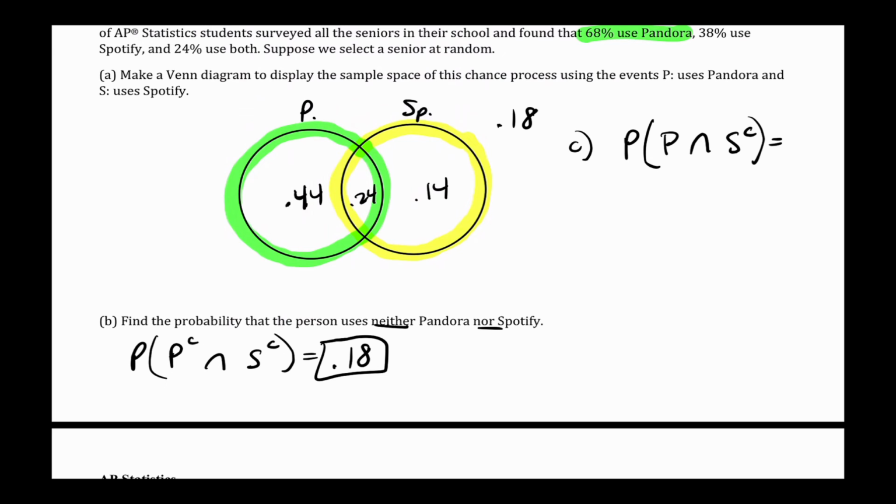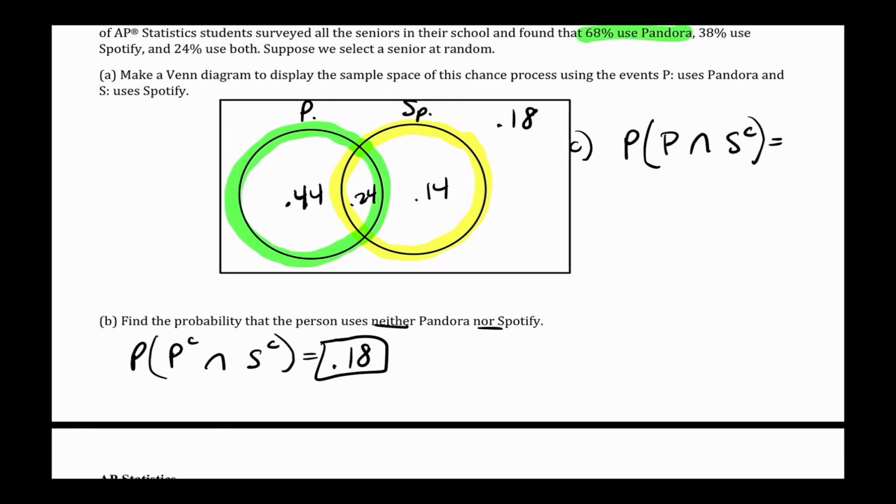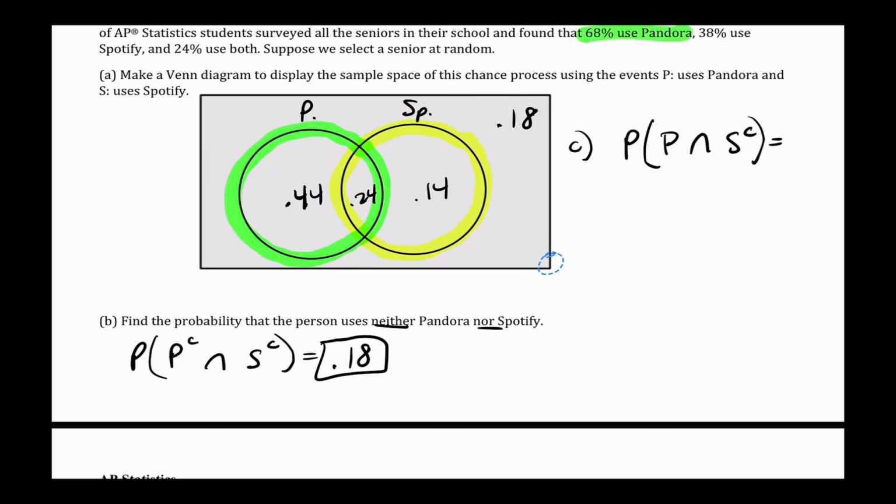So it's somewhere on this table. Okay, so I'm looking for Pandora. Where's Pandora? In the green.